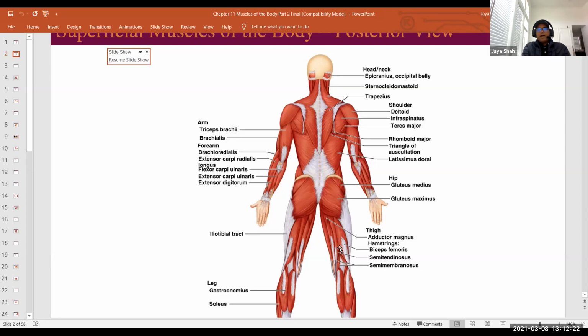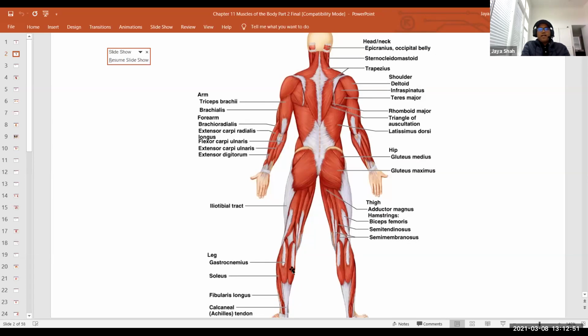On the back of the thigh, you have biceps femoris laterally. And medial to biceps femoris, you have semitendinosus. And under the semitendinosus, you have semimembranosus. These muscles together are called hamstring muscles, these three muscles. Like when they hang the ham through these muscles, that's why you call them hamstring muscles.